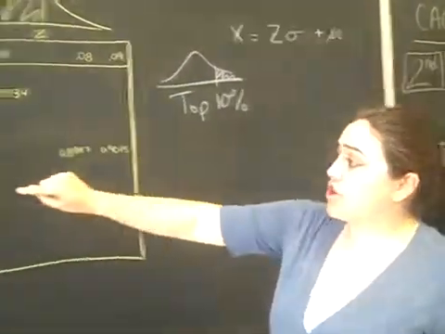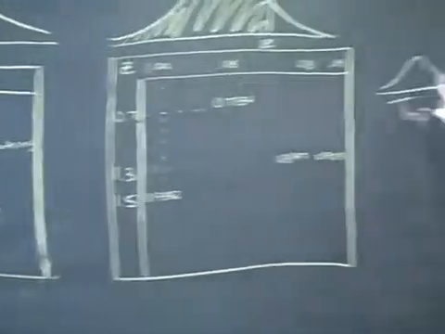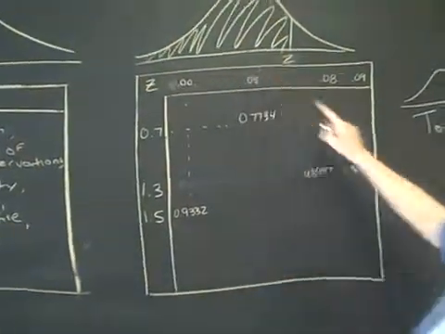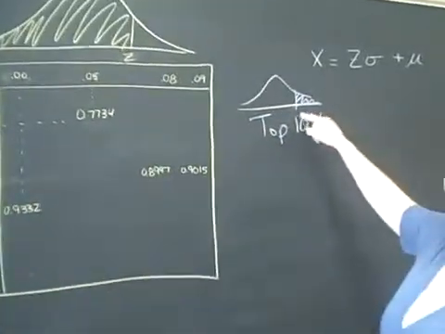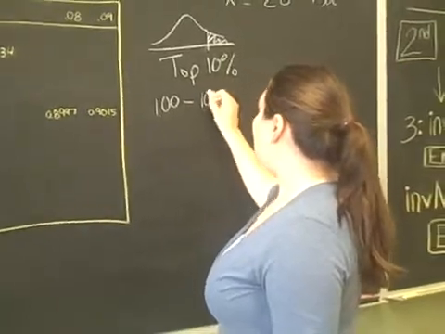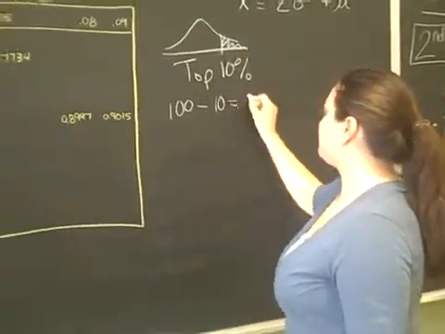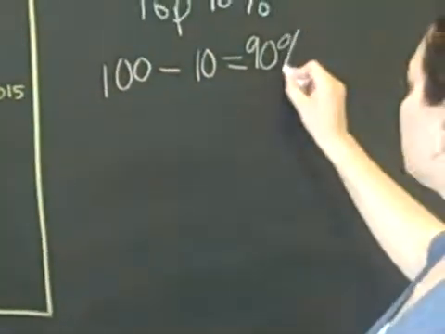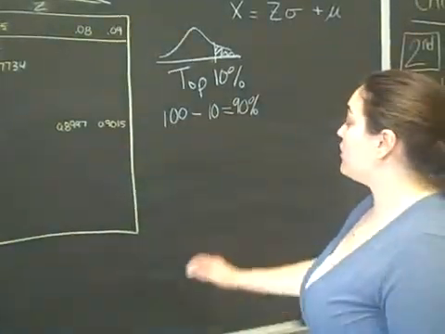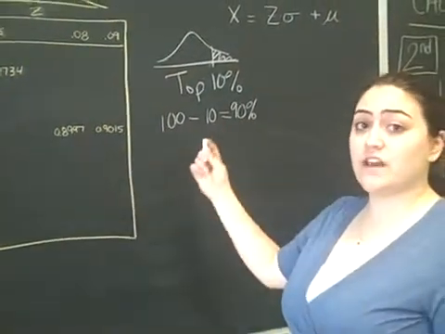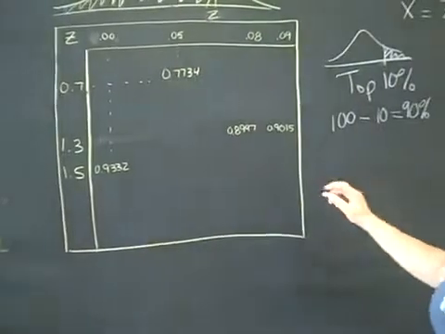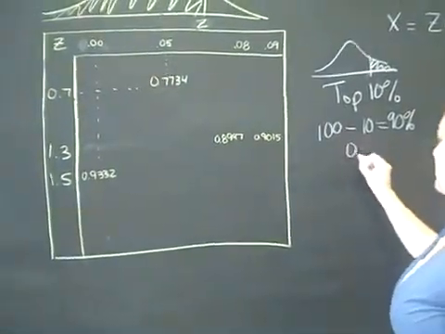Well, in order to use this chart and information, we have to make sure that the shaded part on this graph matches the shaded areas here, which it does not. So before we can do anything, we have to take 100% and subtract that 10%, which gives us 90% here. So we have to look in our chart because it gives us the percent. And we have to find the closest thing there is to 90%, or 0.9.